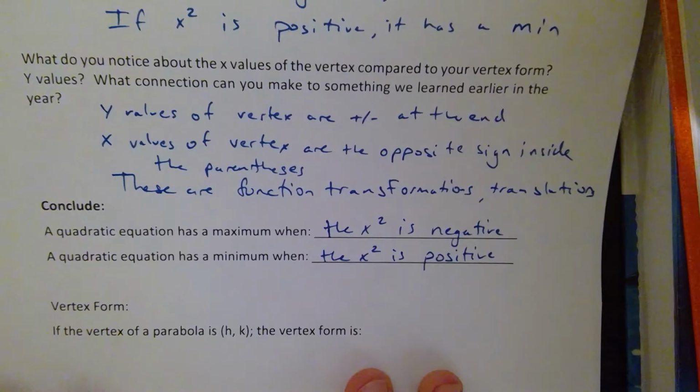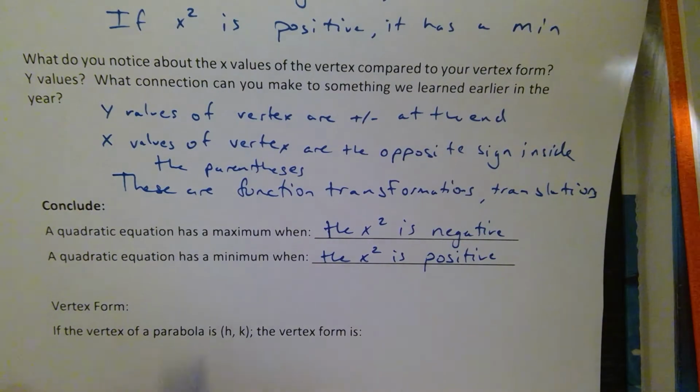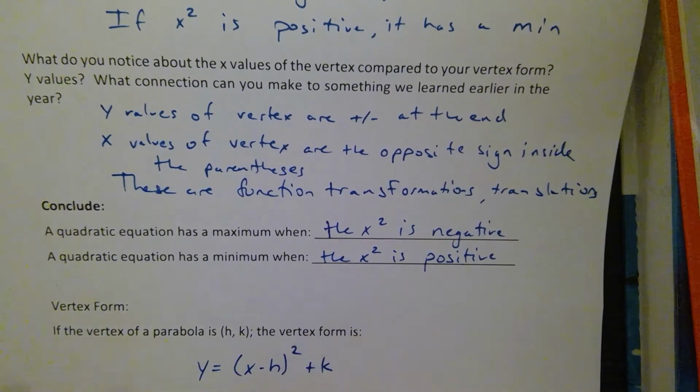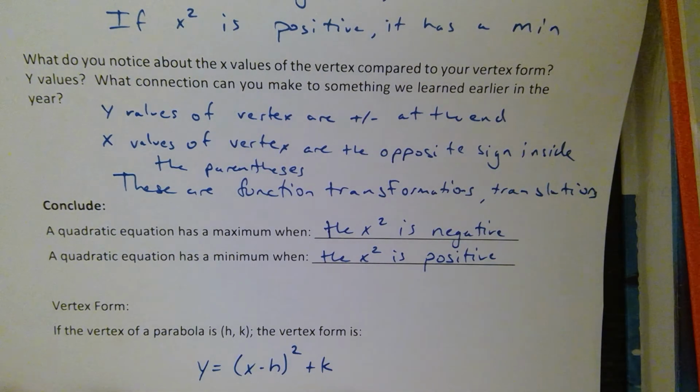And vertex form of a parabola is h, or vertex of a parabola is h comma k. Vertex form is y equals x minus h squared plus k. Now, you're going to have a few questions that are going to ask you to identify the vertex from vertex form, and then also use vertices to make vertex form. And then you'll have homework 5.